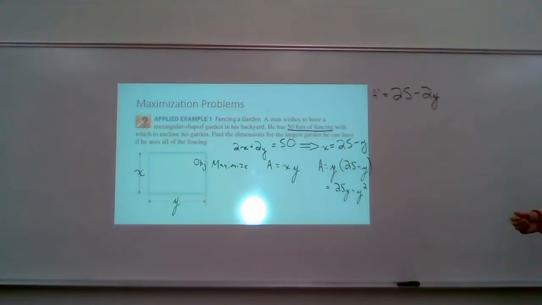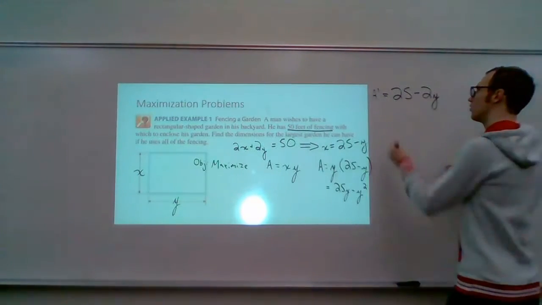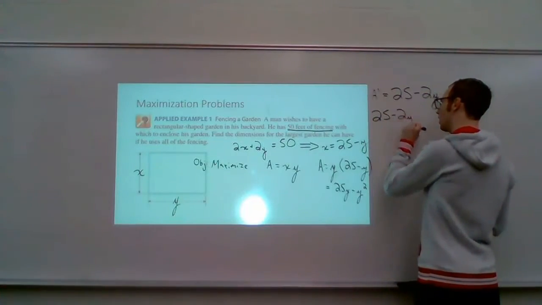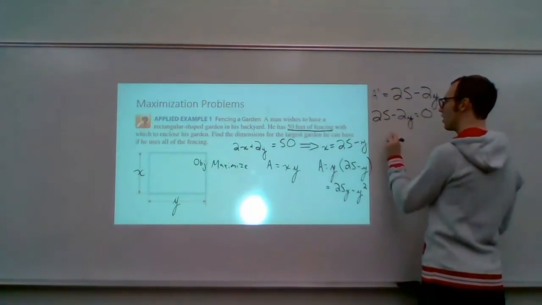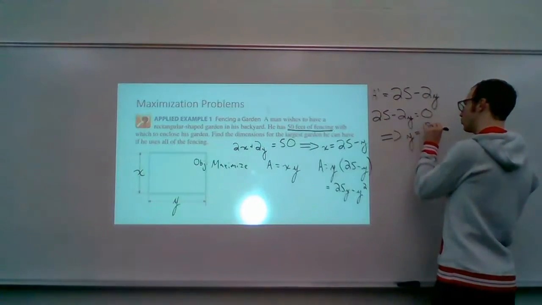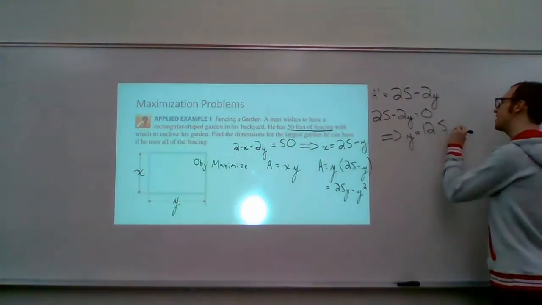I want to set that equal to 0, right? Remember, the first derivative test says to set the first derivative equal to 0. Those are your critical values. So 25 minus 2y equals 0. We can get pretty quickly there that y equals 12.5 feet.